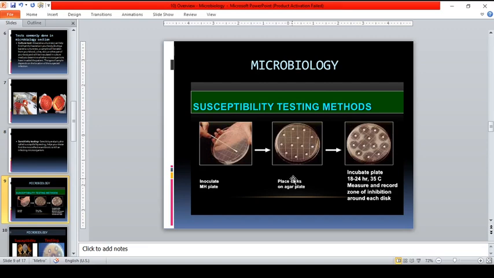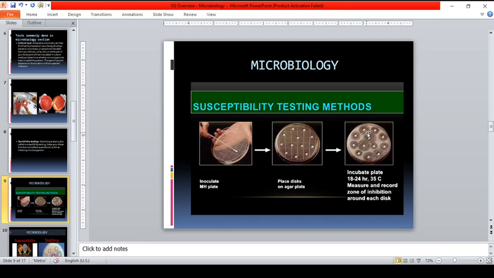These antibiotic discs are placed on the agar plate and then that will be incubated again. When you say incubated, ilalagay mo siya sa incubator for 18 to 24 hours. And then, after that time, you will get this one and check kung meron bang susceptible na antibiotic and you will indicate those in the result.